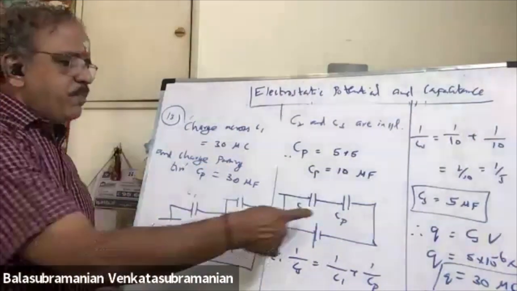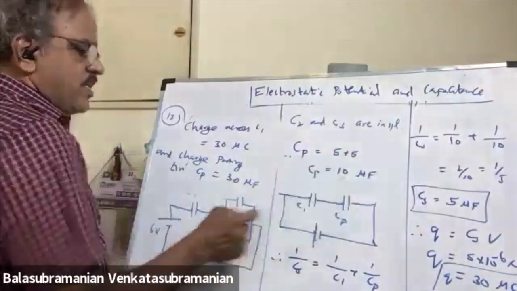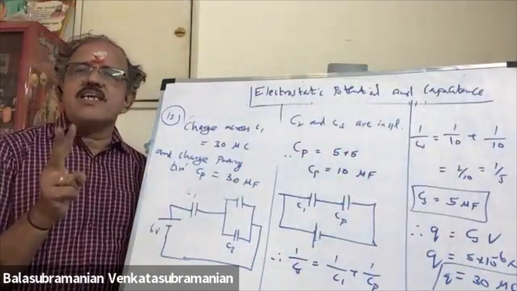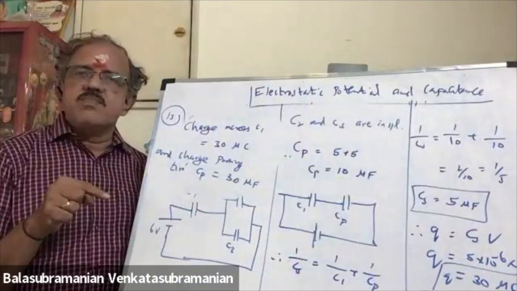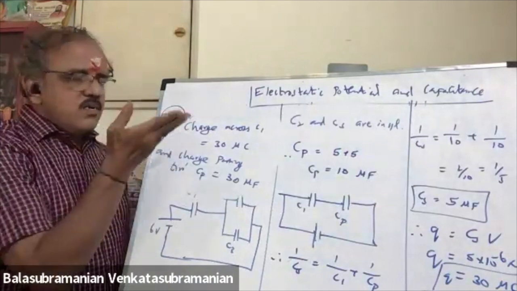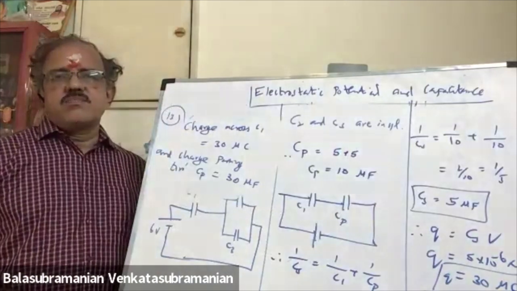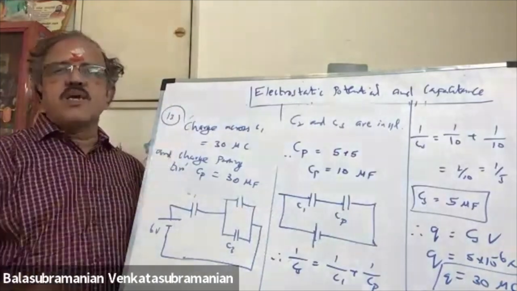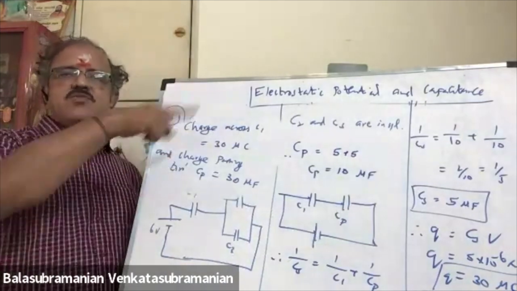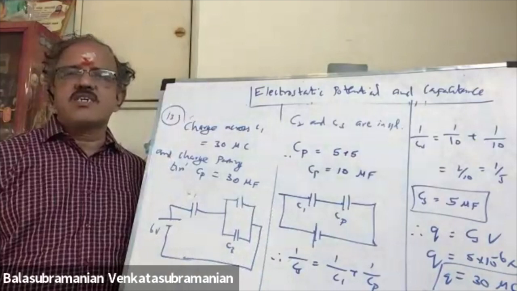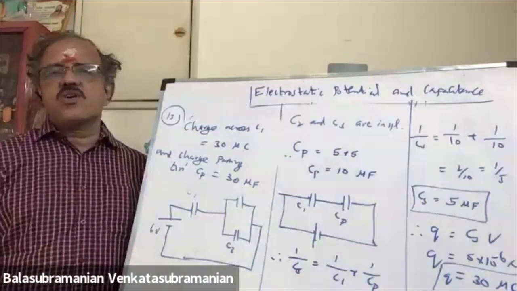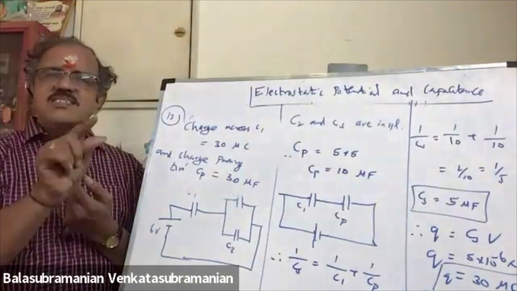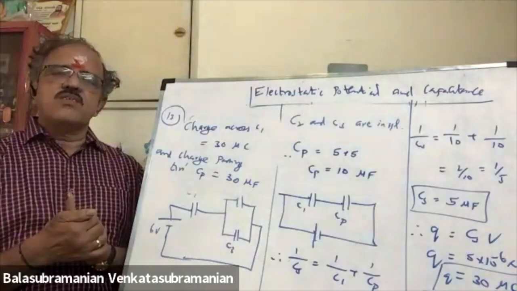You know very well, Cp is 5 plus 5, C2 and C3. Two capacitors connected in parallel is called Cp. Both are 5 microfarad. Capacitance is same, so the charge passing through each is also same. Potential is constant, and since capacitance is also constant, charge is divided. Q is equal to CV.